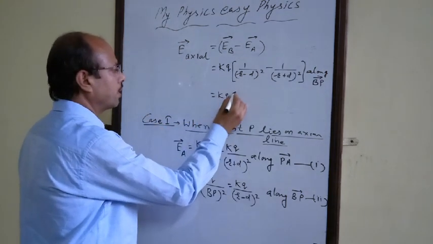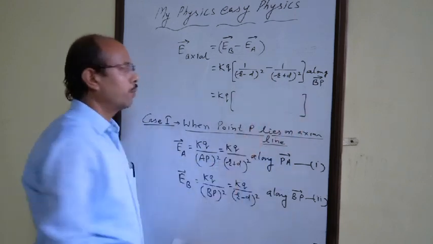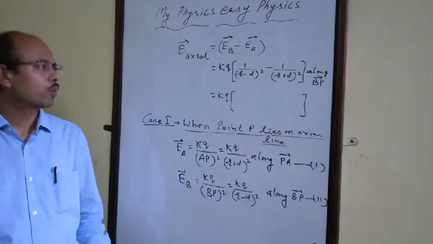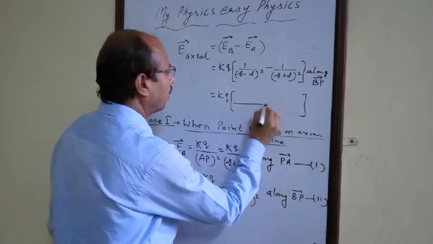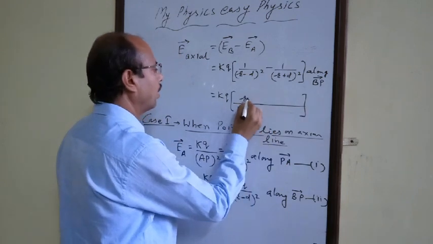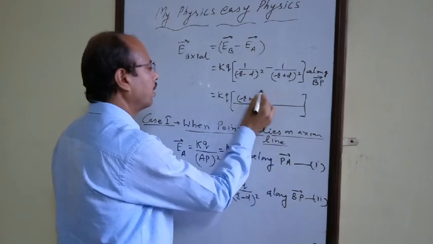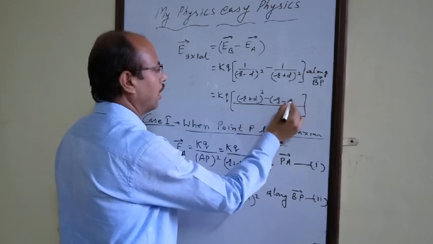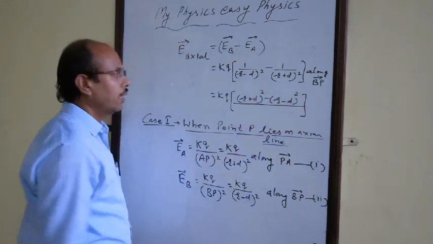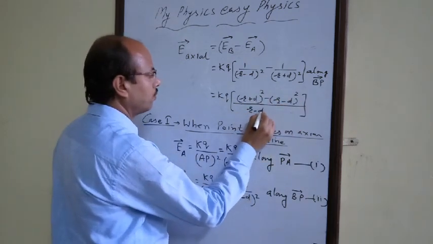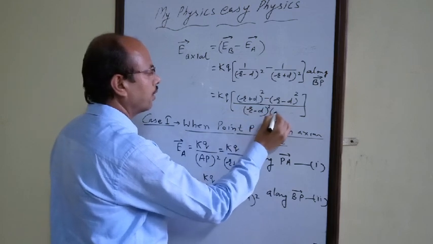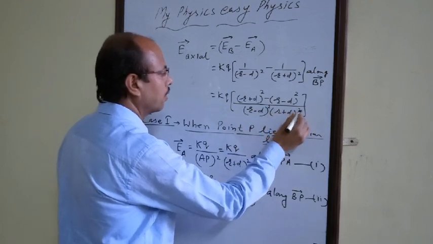Now you know the basic formulas, (A plus B) whole square and (A minus B) whole square. By using this formula, we can write (R plus D) whole square and (R minus D) whole square. And here we can say (R minus D) whole square into (R plus D) whole square.